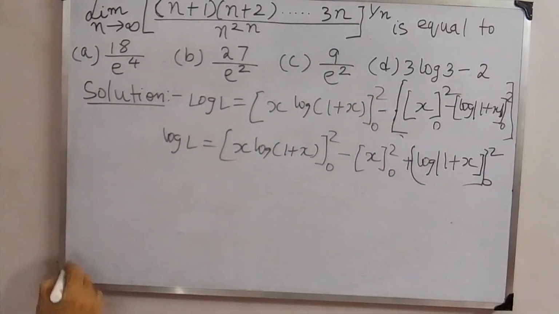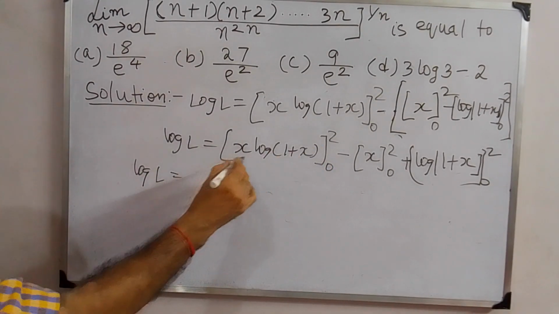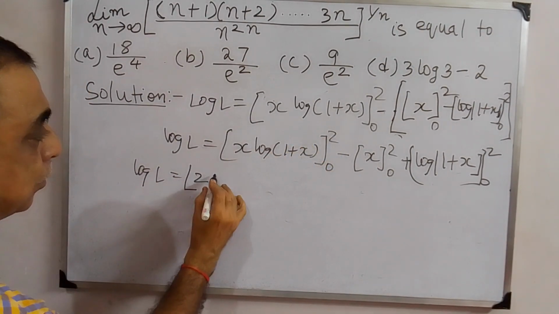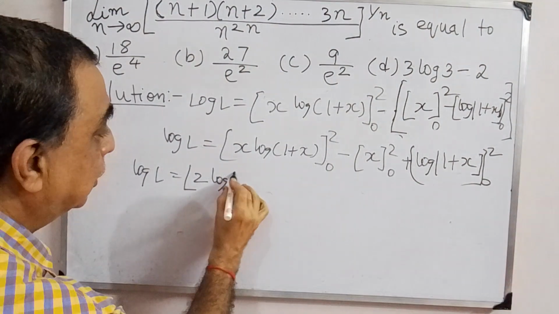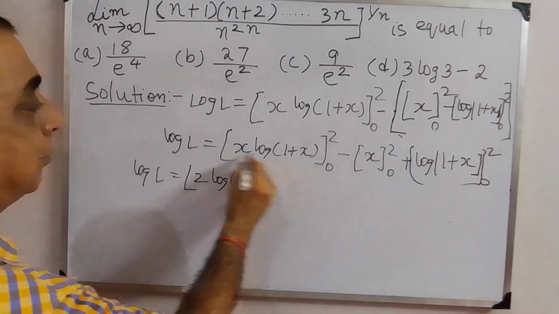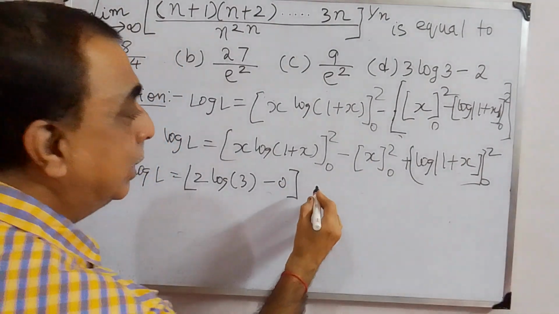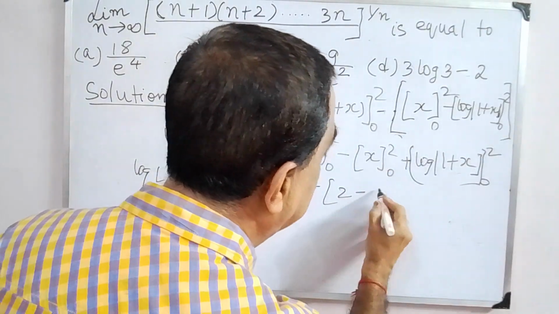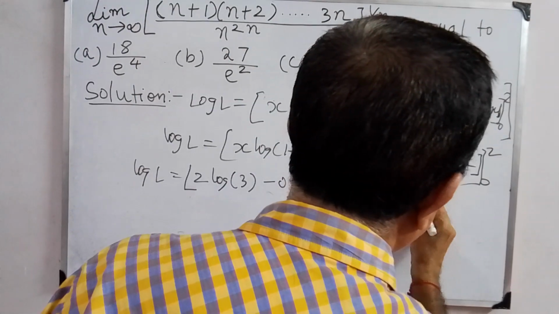Now what are we getting here? Log L is equal to, first you put the value of x as 2. So this becomes 2 log 1 plus 2, so this becomes 3. And when I put 0, x value 0, 0 into anything is 0, so that will be minus 0. And here x, first you put 2, then minus lower limit 0. Here also you put the same thing.